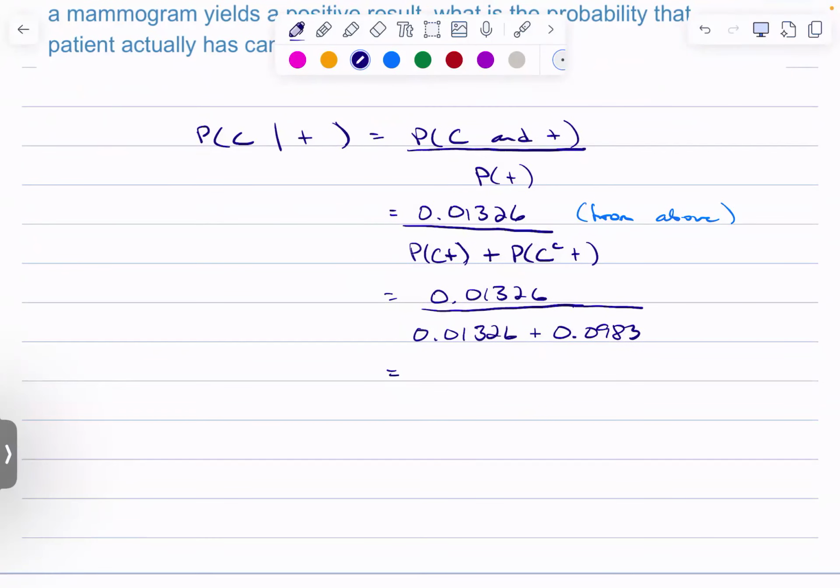So 0.01326 plus 0.0983, 0.11156. Oops, sorry, divided by.